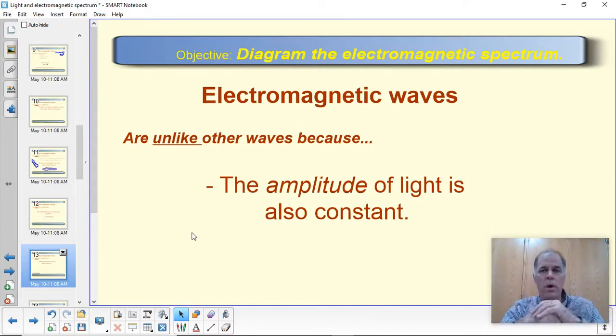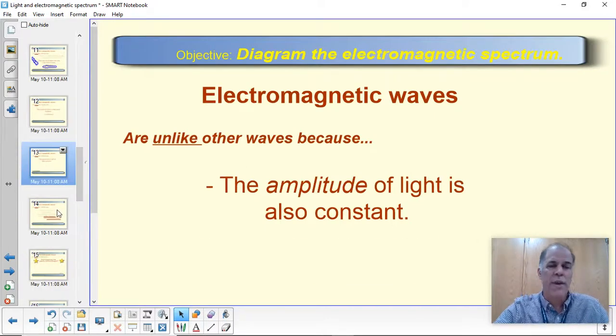If we're talking about waves in a rope, if I wave the rope just a little bit, somebody holding the other end of the rope, their hand will shake just a little bit. If I shake it a lot, so the big waves with large amplitudes are going down the rope, it's going to shake their hand a lot. So big amplitude means lots of energy when we're talking about mechanical waves. But with light, electromagnetic waves, the amplitude is always the same.